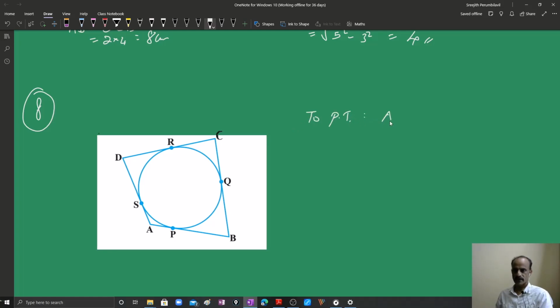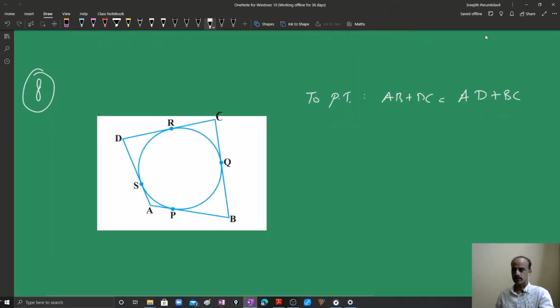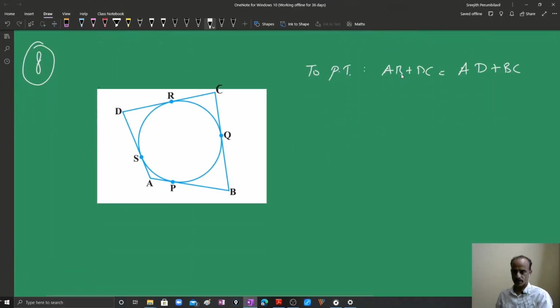We have to prove that AB plus DC is equal to AD plus BC. When you add the measurements of these two opposite sides, that is equal to the sum of the other two sides.